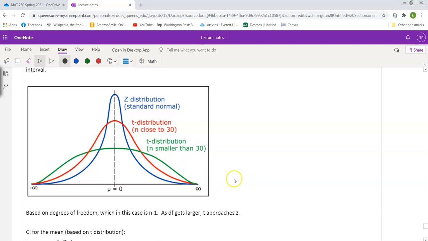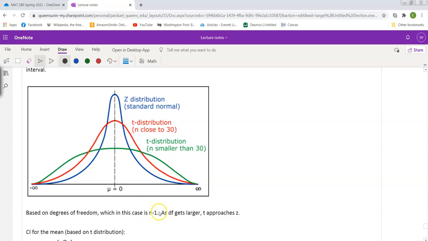How much wider? Well, it depends on something called the degrees of freedom. And I'm not going to go into the details of what the degrees of freedom is here. It's actually explained in the video that I posted earlier about why you divide the sample standard deviation by n-1. So I'll let you go back and look at that. What you need to know is that the degrees of freedom for this interval is n-1.